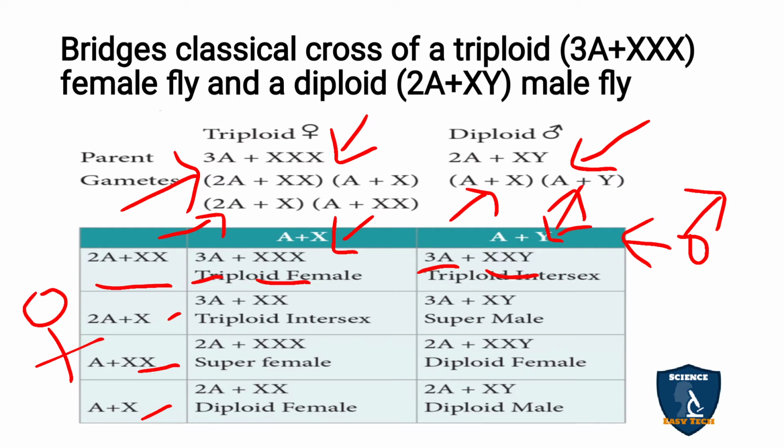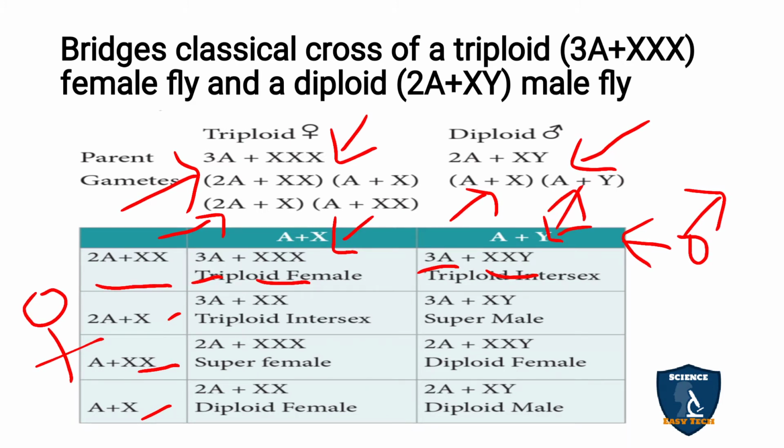Next, 3A plus XX is a triploid intersex, and 3A plus XY is a super male, and 2A plus triple X is a super female, and 2A plus XXY is a diploid female. 2A plus XX is a diploid female and 2A plus XY is a diploid male.